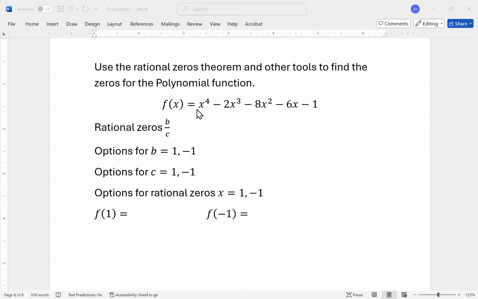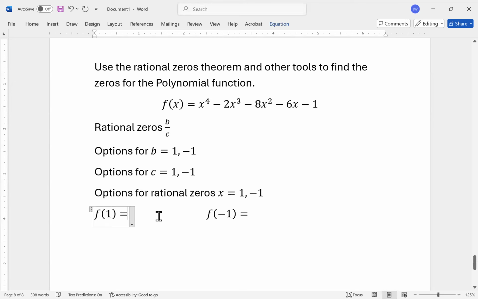Our leading coefficient is a 1, so the only options for c are 1 and -1. If I take 1 divided by 1 or 1 divided by -1, -1 divided by 1, -1 divided by -1, I get only two options for rational zeros. One is a positive 1 and the other is a -1.